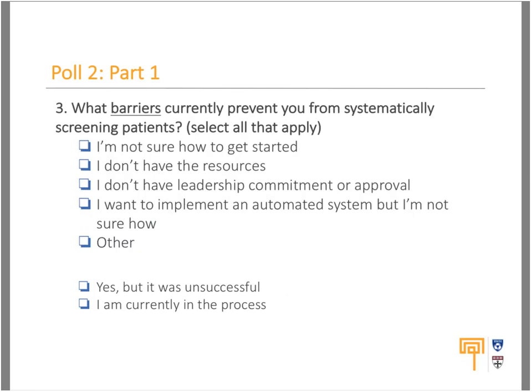And then the third question is, what barriers currently prevent you from systematically screening patients? And for that one, please select all that apply. And when you're in progress, just make sure to click the Submit button. We see a few of you are in progress now, so that we know to get your results. And we've given you a little bit extra time on this one since there are 3 questions.